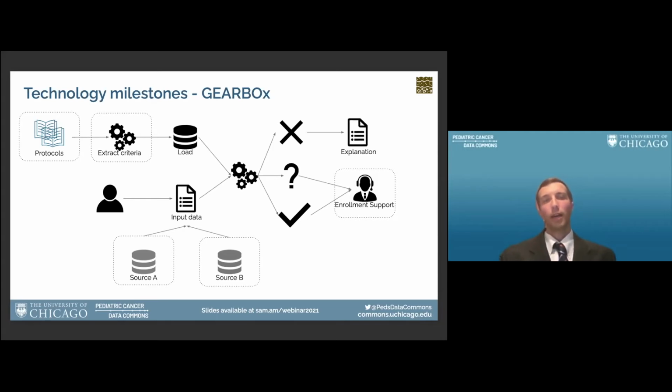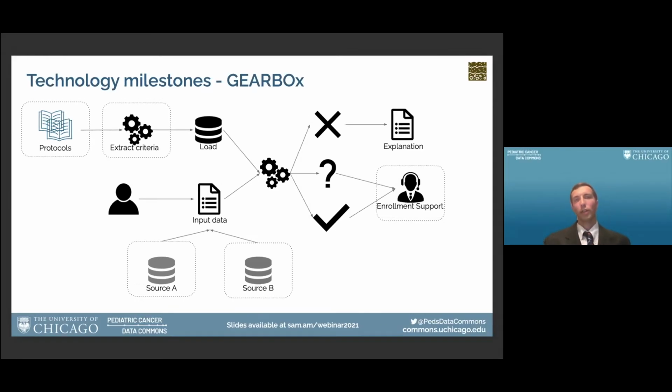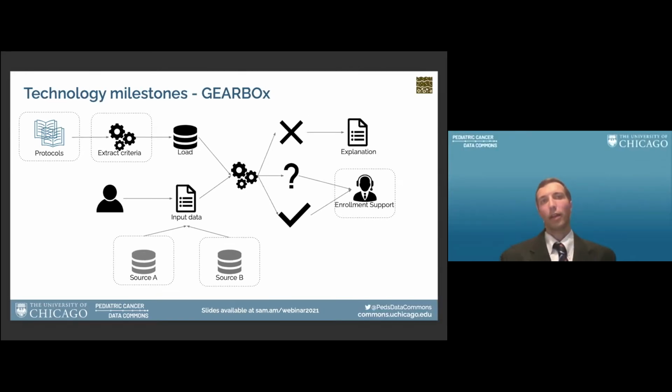All of this comes with an explanation of which criteria make that trial not a match, or which criteria have not been satisfied yet for the possible matches, and so on. And this is the state of the art.